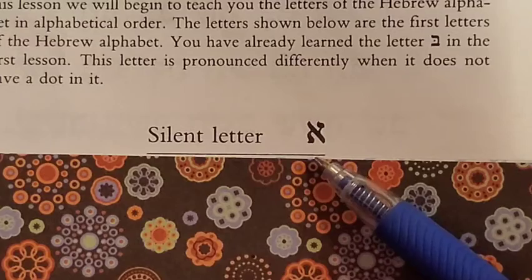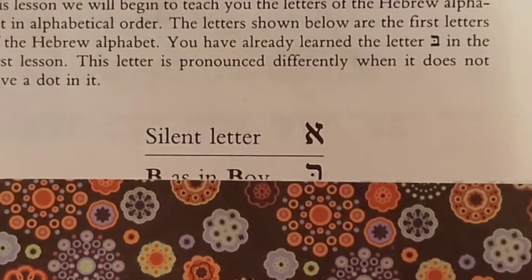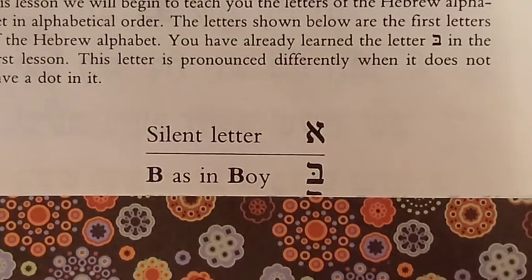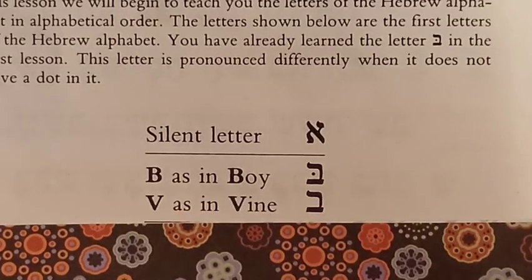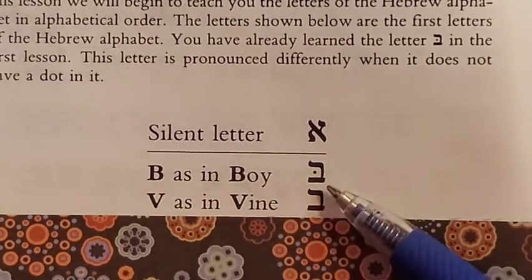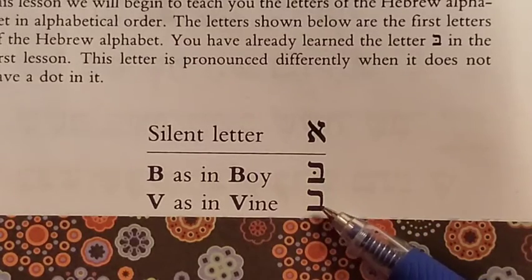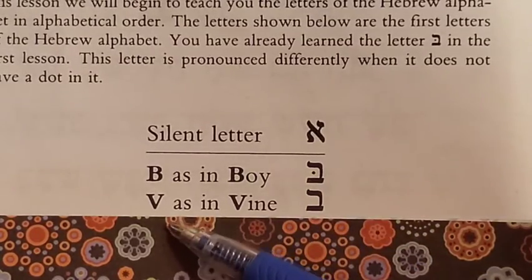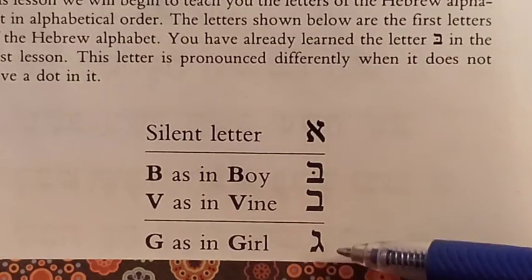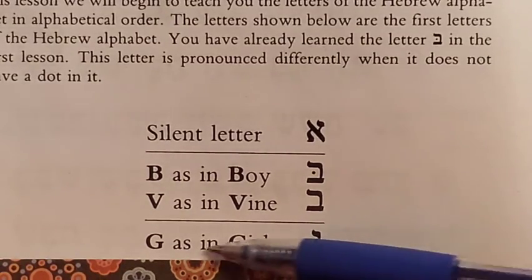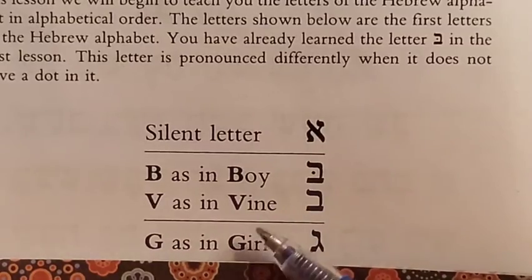It's a silent letter. It doesn't make any sound on its own. And then we did the Bet, which makes the B sound. That same letter without the dot in the middle makes a V sound, as in vine. And then this one is Gimel, and it says G, as in girl.